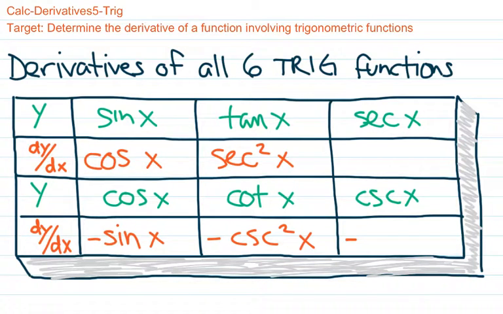The derivative of secant x is secant x tangent x. Jot that down. And if the derivative of tangent is secant squared and cotangent is negative cosecant squared, then I'm expecting that cosecant x will be co-functions, so it happens to be negative cosecant x cotangent x.